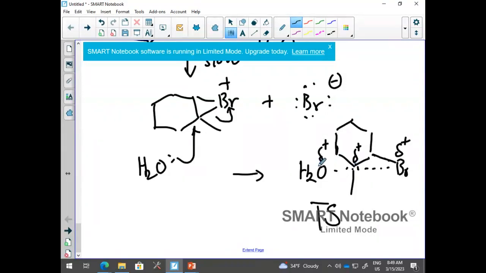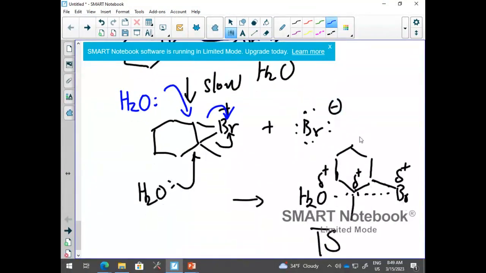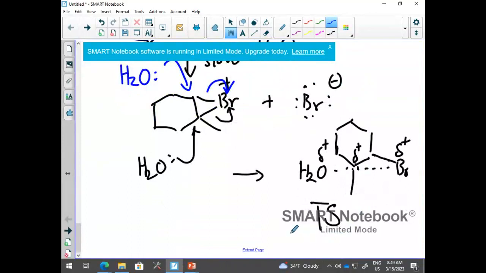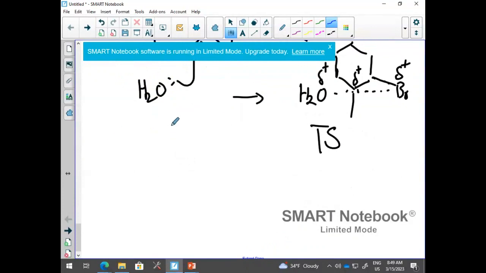Okay? So now if the water attacks here, you get this transition state. It's like a tertiary carbocation. I'm emphasizing this because later we're going to see a similar situation in the epoxide reaction. Now if water reacts with this other carbon, that transition state will be different. Let me draw it here.